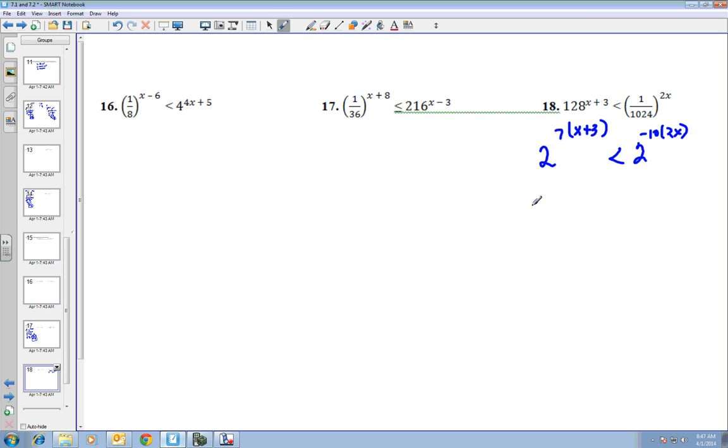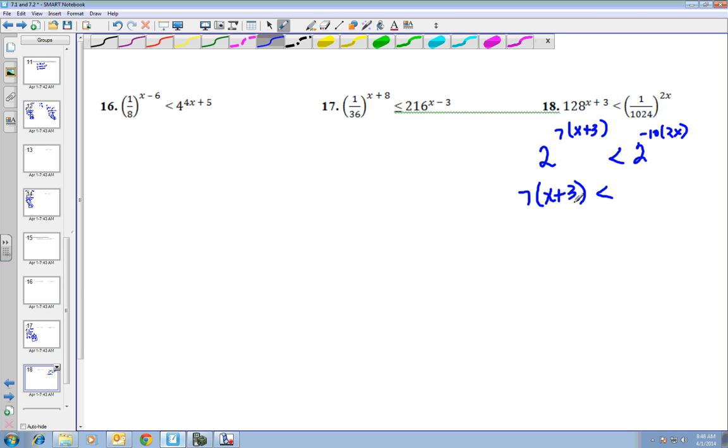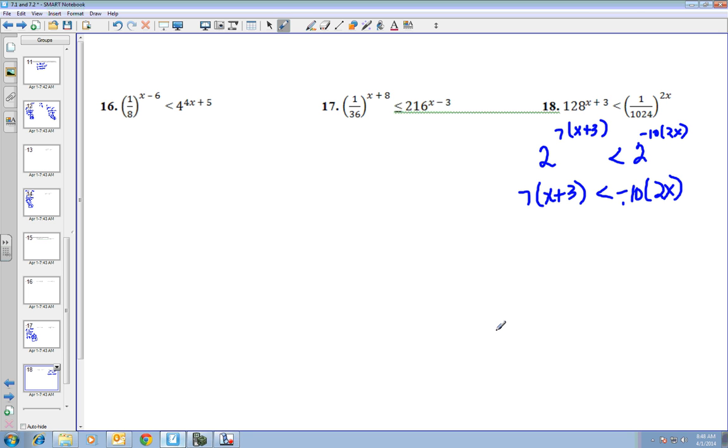So now I have the same base. Now I can set my exponents equal to, but instead of equal, it's less than. So that's going to be negative 10 times 2x.